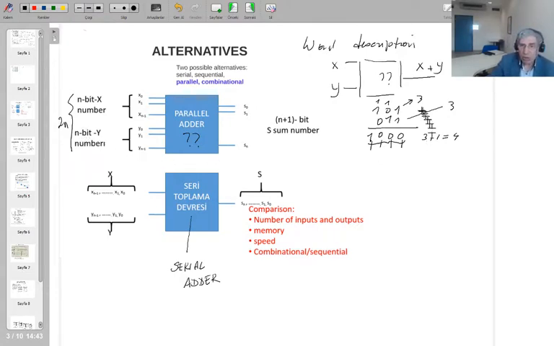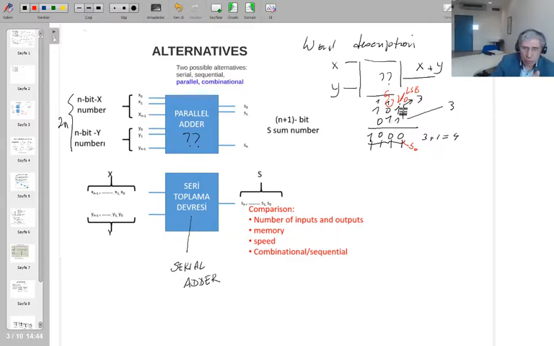But if you consider this summation here, if we do it by hand, we are considering the least significant bits first, isn't it? So this is the least significant bit. So we are adding the least significant bits, finding the sum and the carry. So that is the sum S0, and this is the carry. At the beginning, for the least significant bit, the carry bit should be 0.